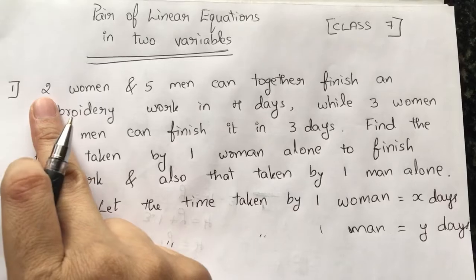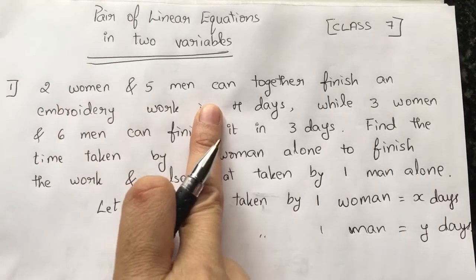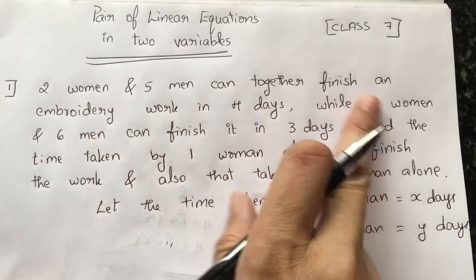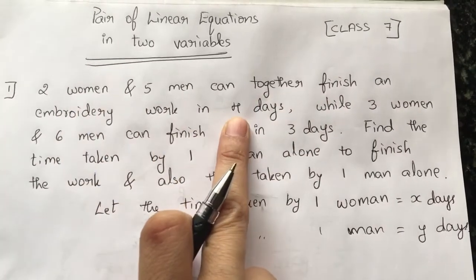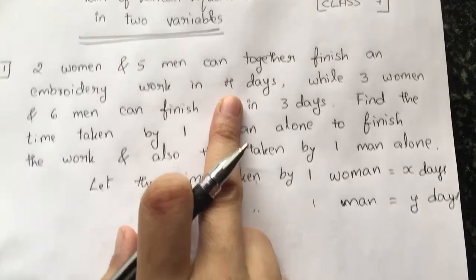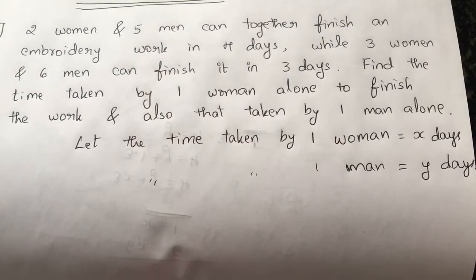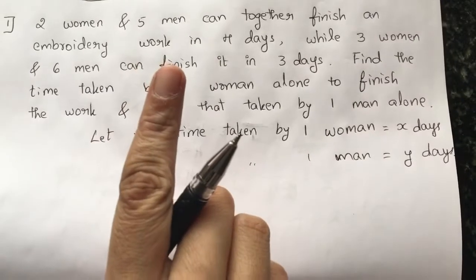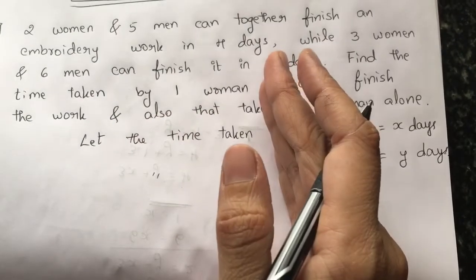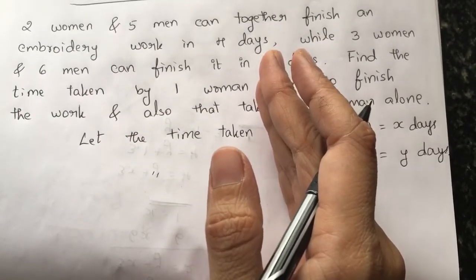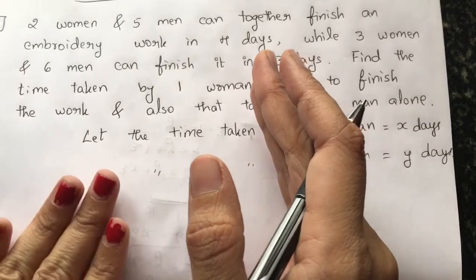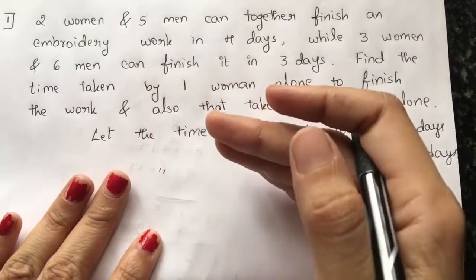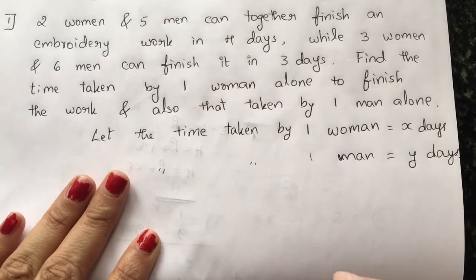What is given? 2 women and 5 men can together finish embroidery work in 4 days. Now suppose one woman completes one work in X days, then one day she can complete 1 by X work, right?